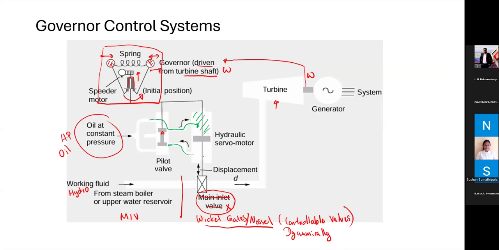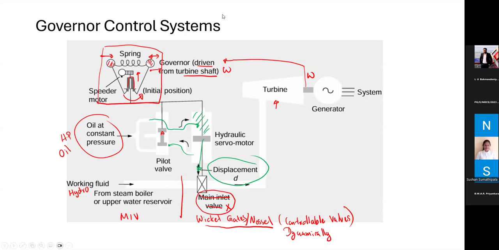So that will cause the hydraulic servo motor to move down and then cause some movement in our wicket gates and nozzle. Similarly, when the speed reduces, the balls come into the middle, and that will cause the pilot valve to move in the other direction. Since the pilot valve maintains the high pressure oil, it will drive the hydraulic servo motor in the other direction, creating a displacement in the opposite direction.